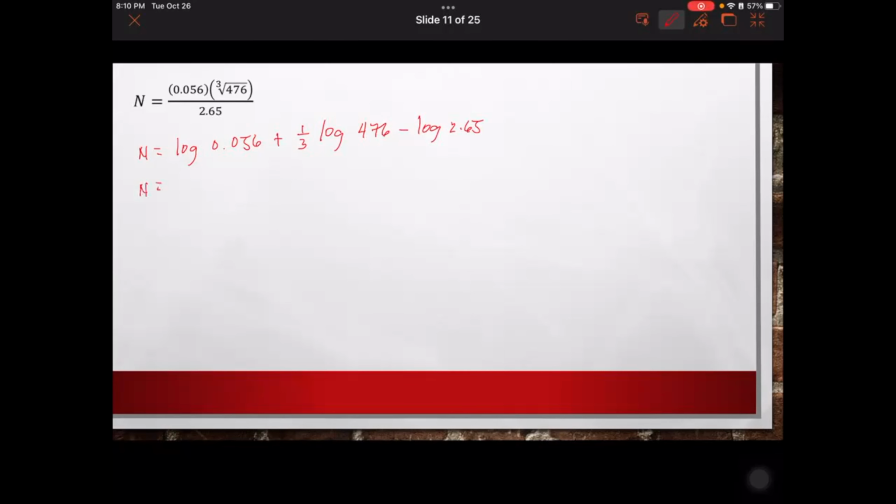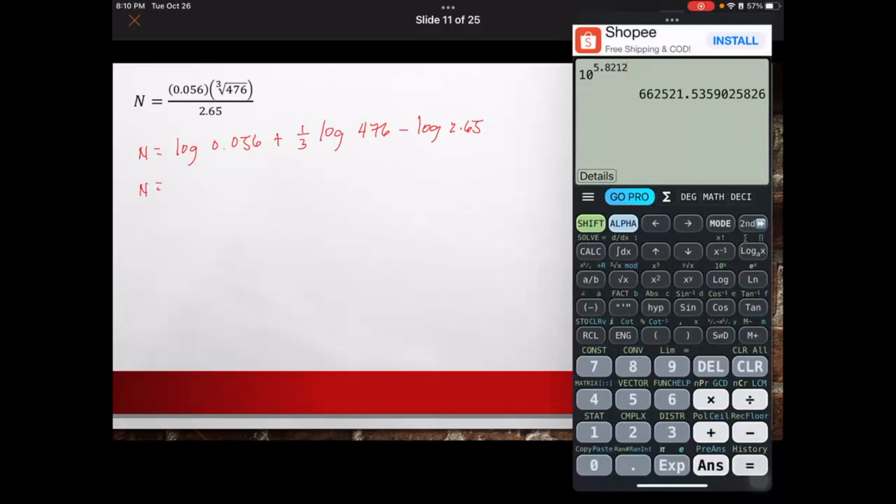So, logarithm of, just calculator. So, logarithm of 0.056, that will be negative 1.2518. Then, 1/3. So, magkakaroon tayo ng 1 tapos third.